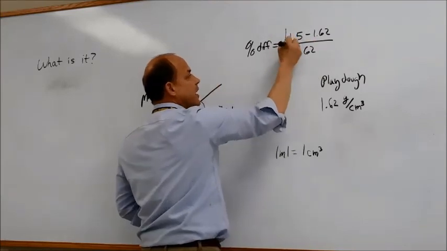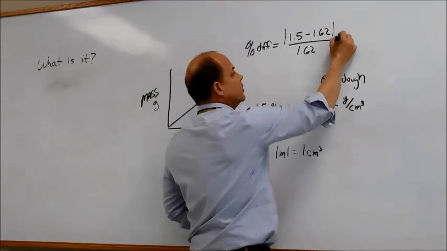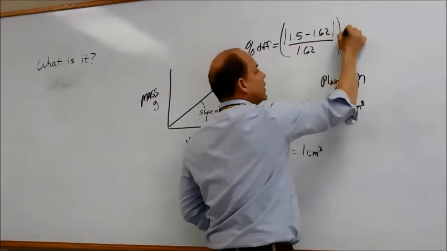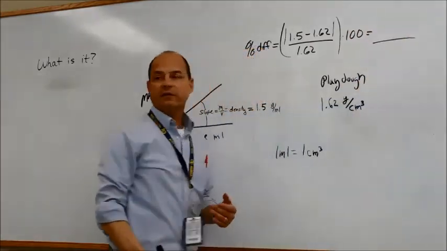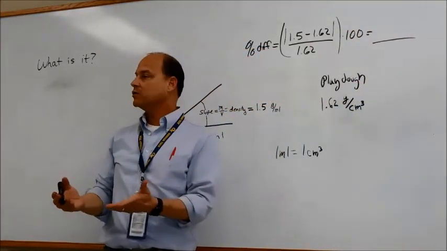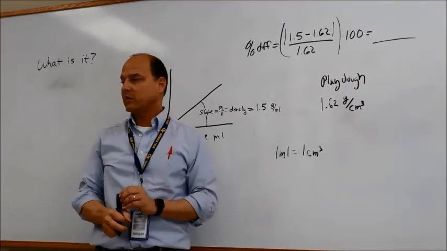Make sure that this is an absolute value. We don't want any negative signs in our answers. Then you multiply this times 100, and then you get your percent difference. And that tells me how close you were able to predict what that unknown substance was.